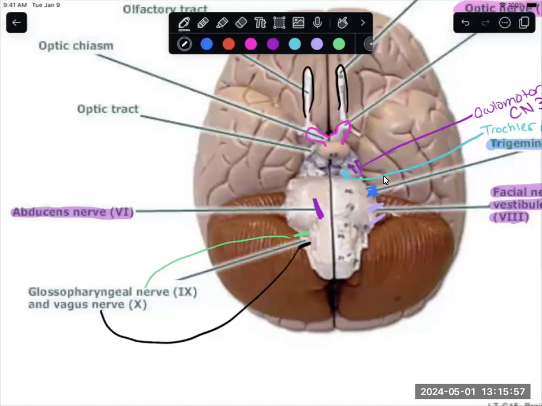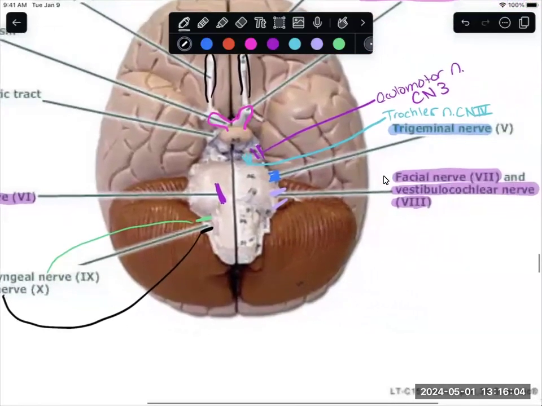Vagus does a lot of parasympathetic information to your chest and abdomen. It also does taste in the back of your throat. Cranial nerve 11 is this entire area here, which is accessory nerve.